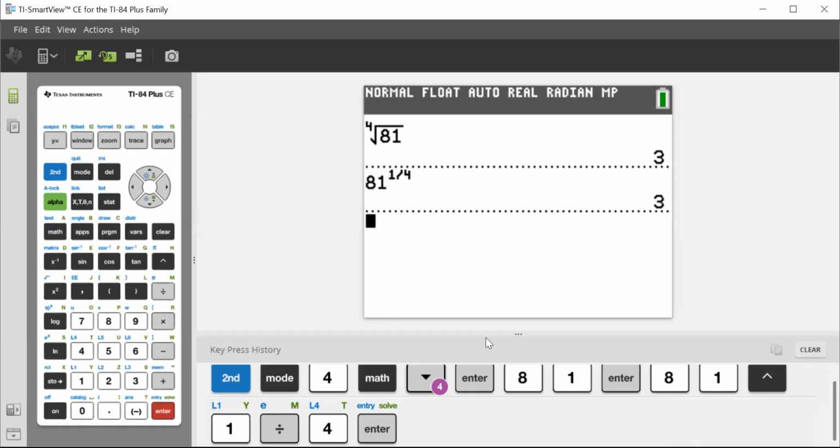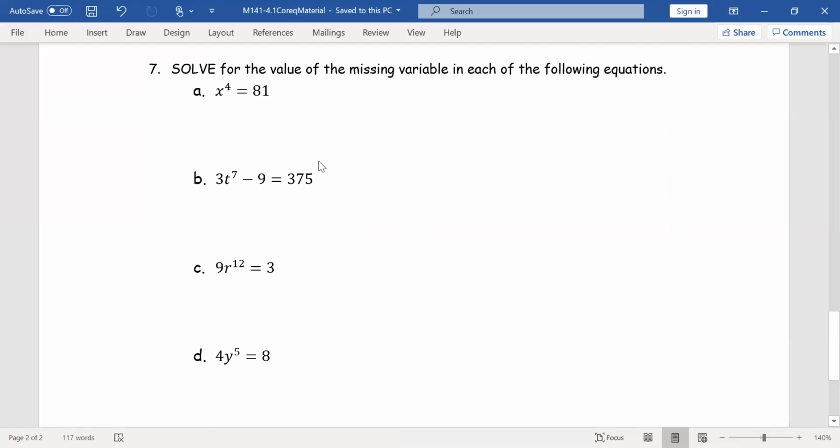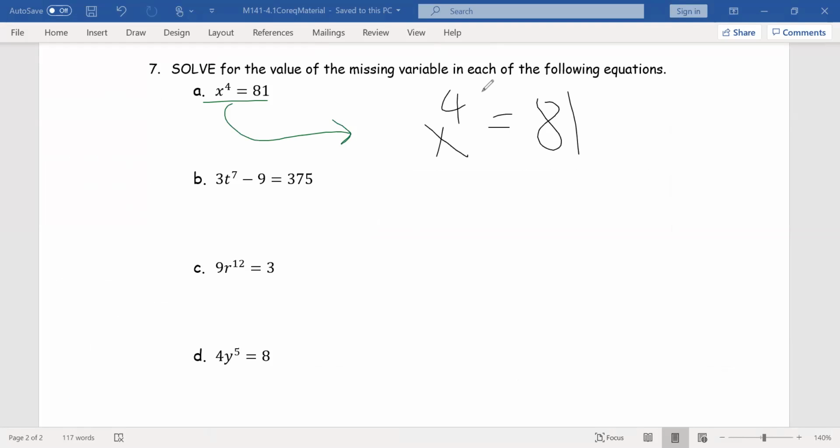All right, let's go back to our handout. It erased all my drawings, so let me write that again. We had x to the fourth equals 81. We took the fourth root on each side, so we ended up with x equals the fourth root of 81, which was just 3.